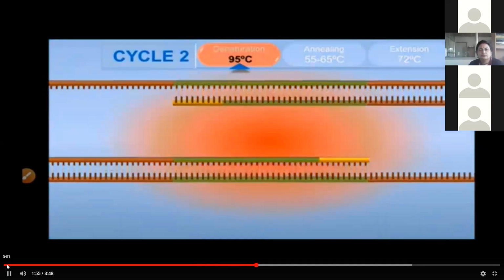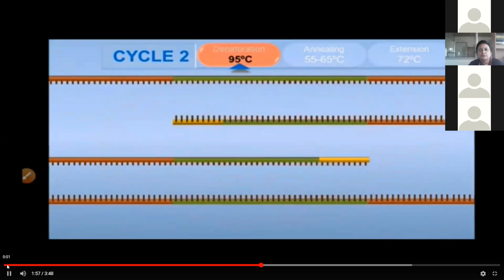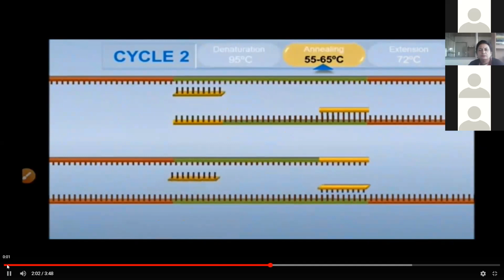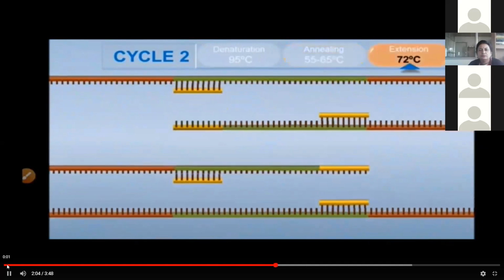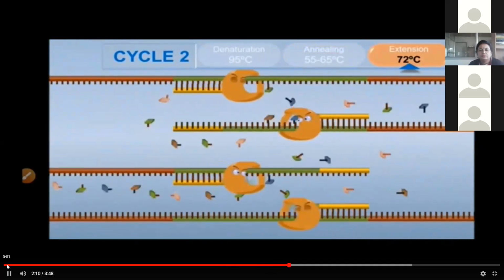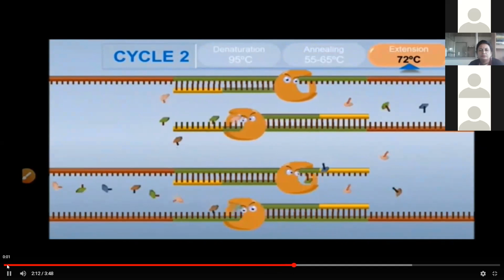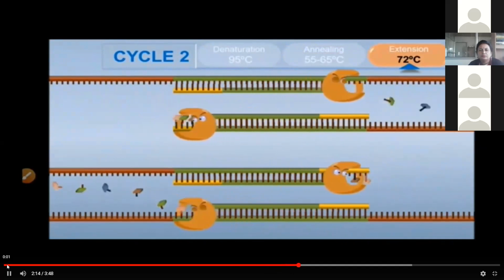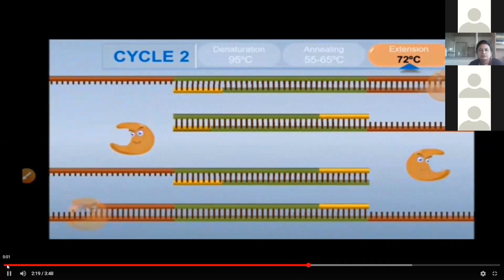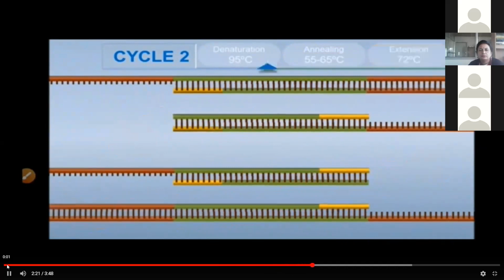So at the end of cycle 1, we have 4 strands. 2 strands have been converted into 4. Now cycle 2 starts. Again, annealing of primer, extension of primer, dNTPs are added, and you can see the polymerase enzyme moving and synthesizing double-stranded DNA. Now at the end of cycle 2, we have 8 strands.